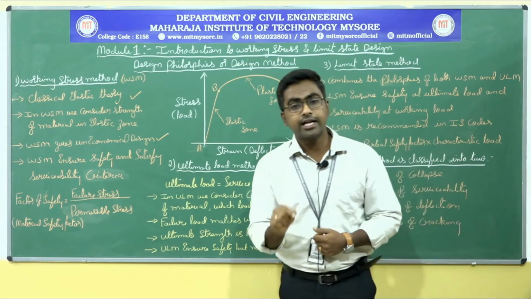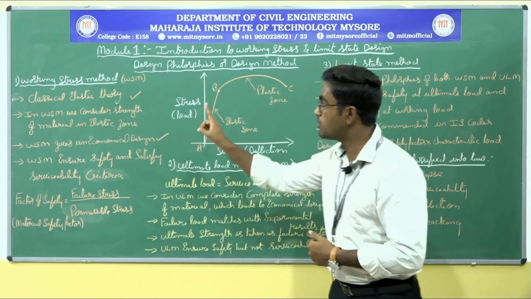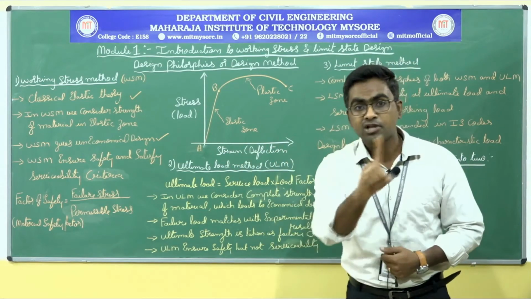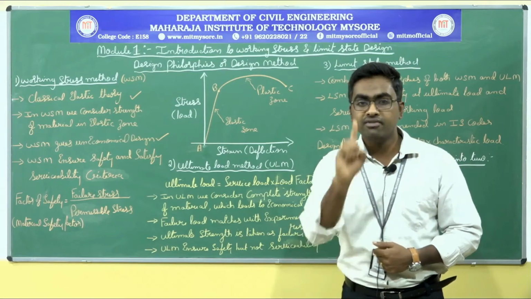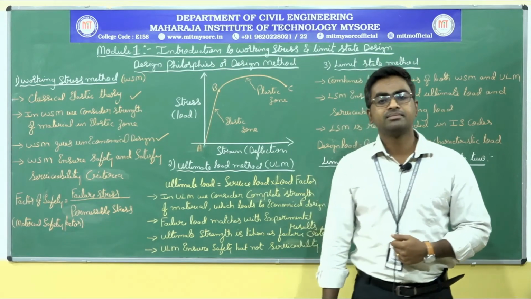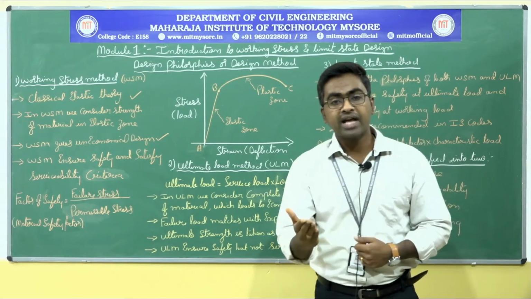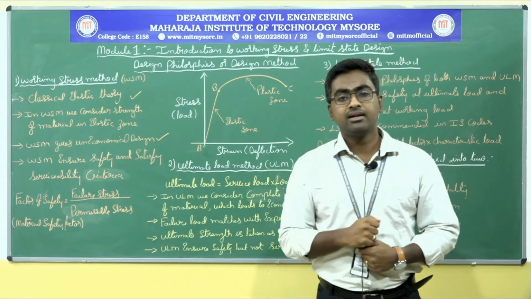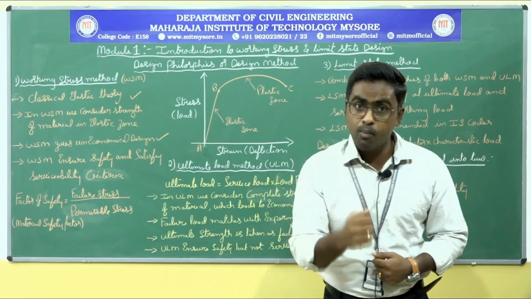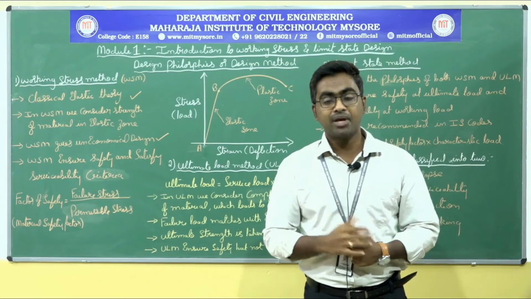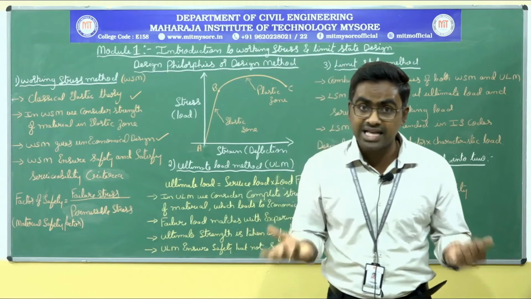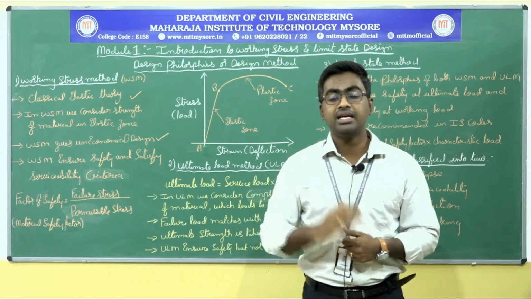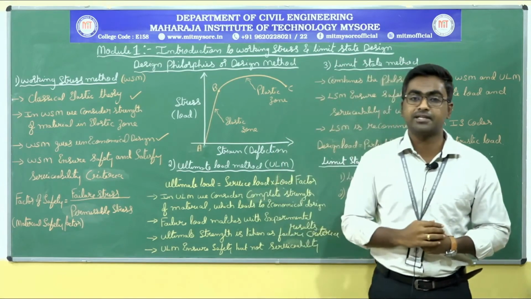Even today water retaining structures are designed using the working stress method only, because in the working stress method the actual strength of material is not used, we are decreasing the strength of material. That means at any point of time, if the load increases, the material can withstand it and carry more load which is coming on it, because actually we are considering the strength of material that is very less in the working stress method.